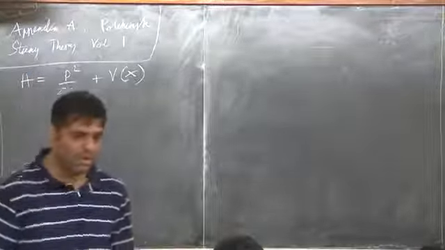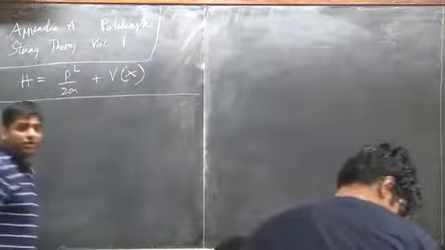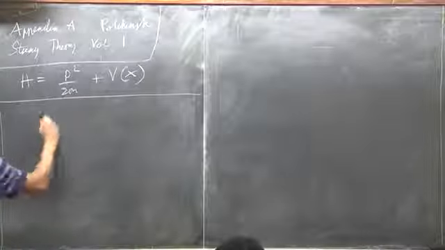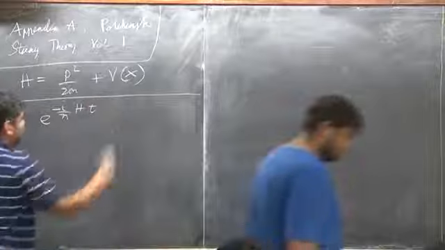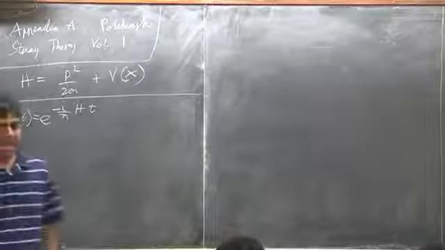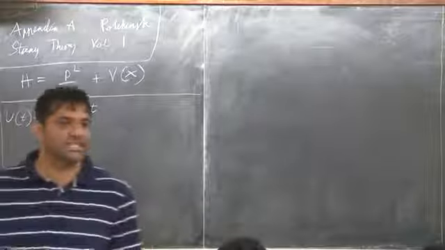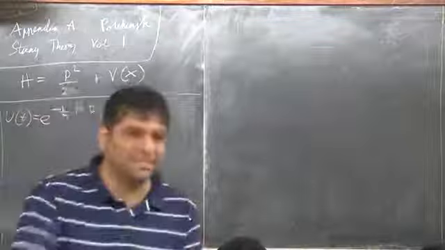Now, as all of you know, the evolution operator in quantum mechanics is e to the power minus i H t over h bar. This is something called U of t, and it's the operator that takes a state at time t1 to a state at time t1 plus t.